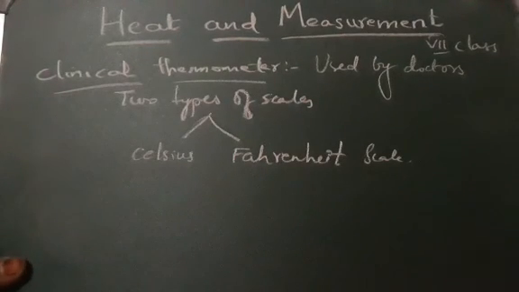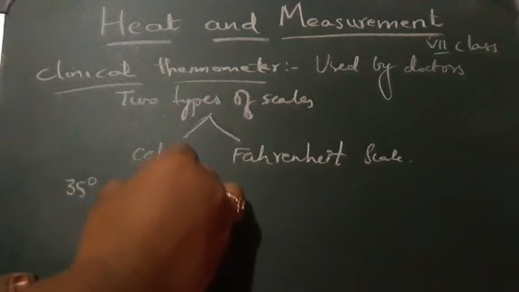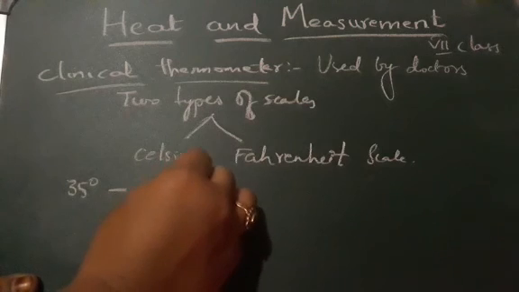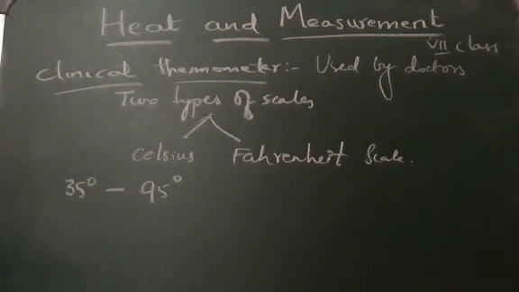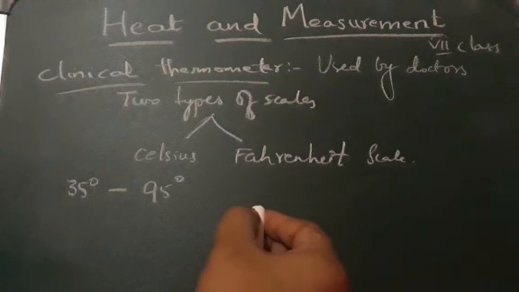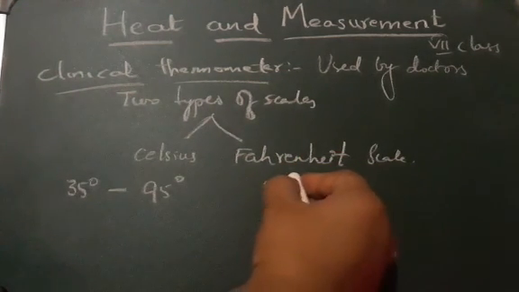So what is happening here in the Celsius? You can see that it starts from 35 degrees and ends at 45 degrees. And on the other side, you can see that it starts from 95 degrees and ends at 110 degrees, and this is your Fahrenheit.